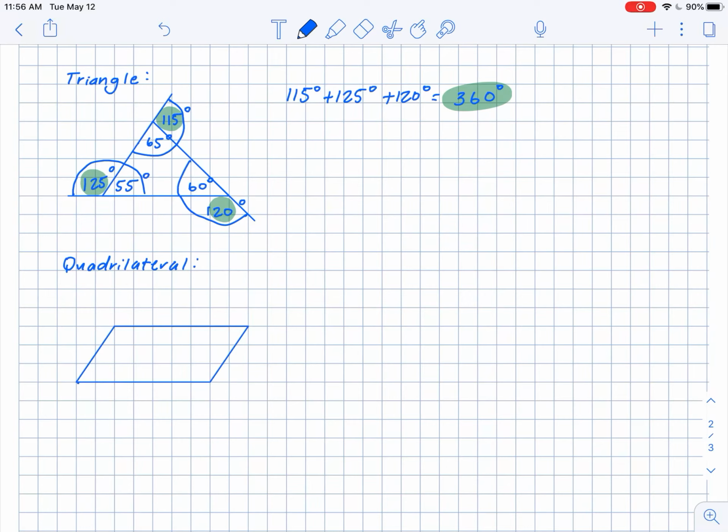Now, quadrilaterals have to add up to equal 360 degrees for the sum of interior angles. Okay. So let's say this is 120. This is 120. Together, that's 240. 60 and 60. Okay. Together, that gives us 360 degrees for the sum of interior angles.